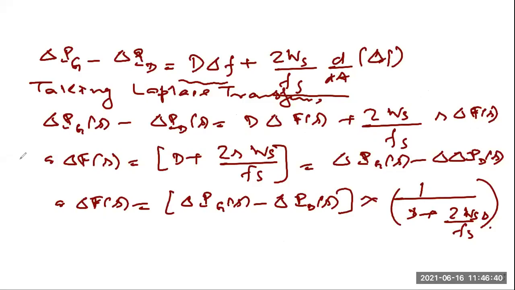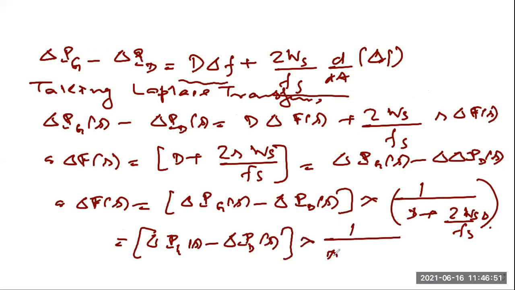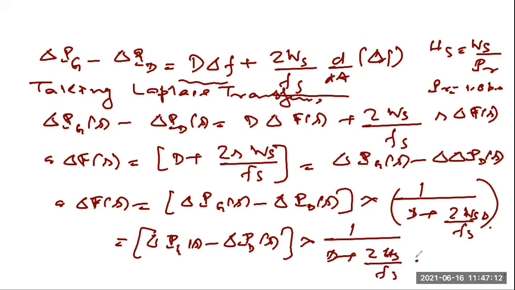If you want to write it in per unit, this will be your delta PGS minus delta PDS into 1 by D plus this WS by PR, which is your HS. HS is defined as equal to WS by PR, where PR equals 1 per unit. So that means this will be twice HS by FS into S.